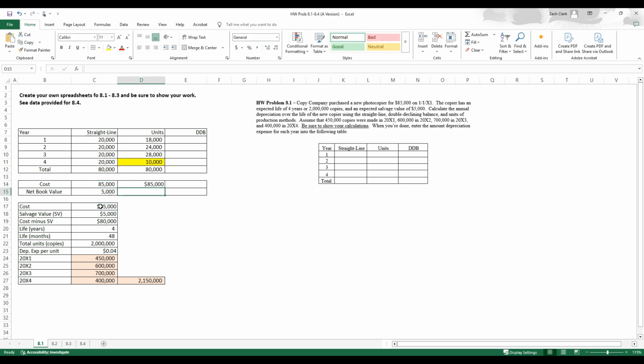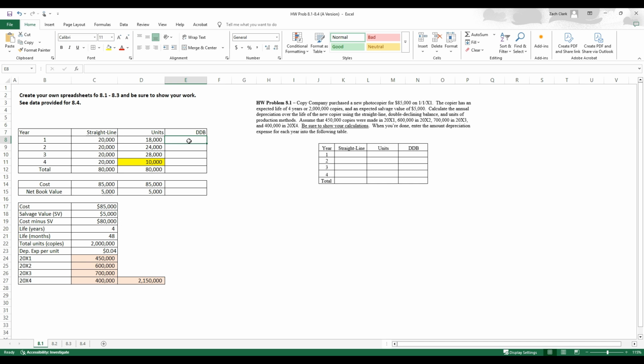So that's our cost. And then the net book value is just doing that same formula. And so we end up at the same place, which using straight line or units of activity or any method, we're going to arrive at the same net book value of the 5,000 because that's what we determined as an estimate of what we were going to have at the salvage value at full depreciation.